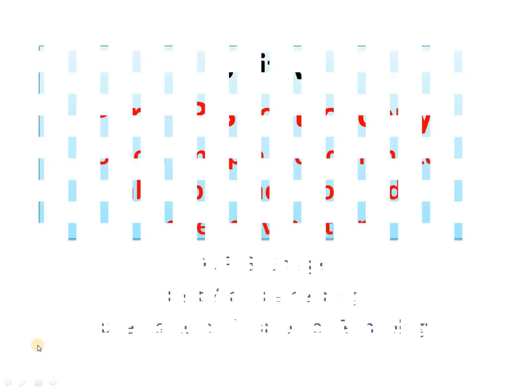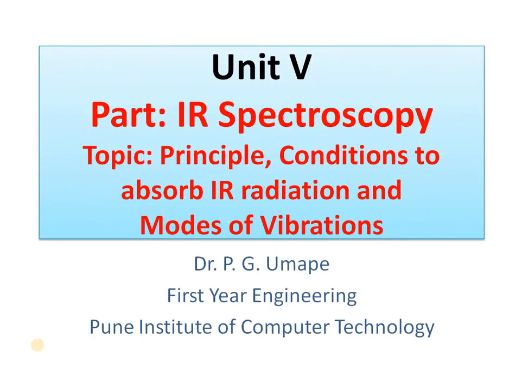In this session, we are going to discuss the topic principle of infrared spectroscopy, conditions to absorb infrared radiation and modes of vibration from unit 5, that is spectroscopic technique, and the part IR spectroscopy.